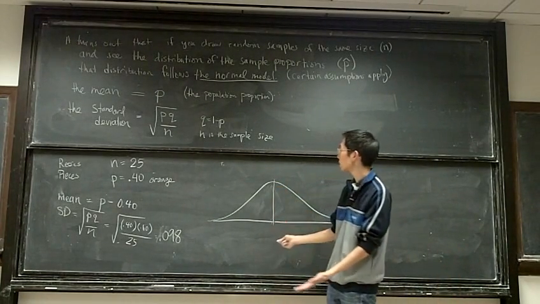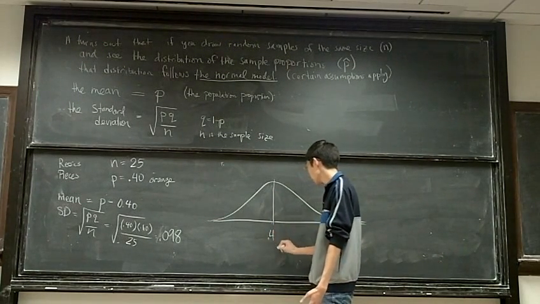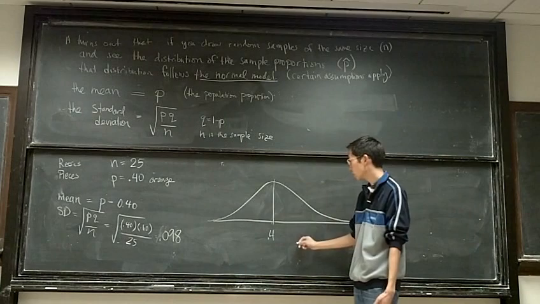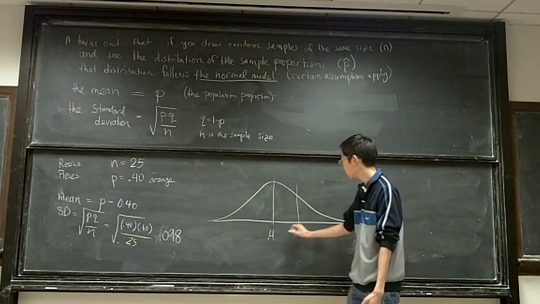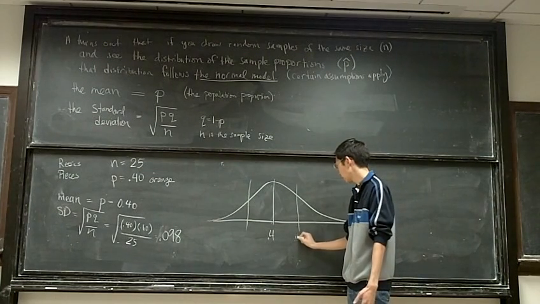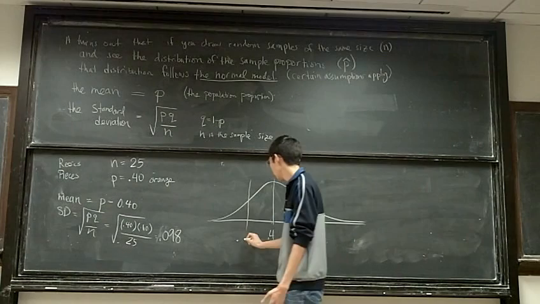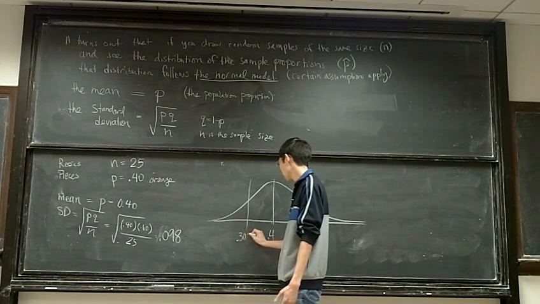So all this means is that we would place the center at p, 0.4, and then we can go out one standard deviation in each direction. And so this takes us to 0.498, practically 0.5. And over here we have 0.302.